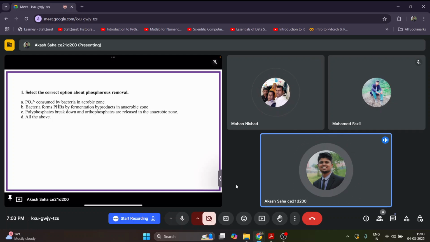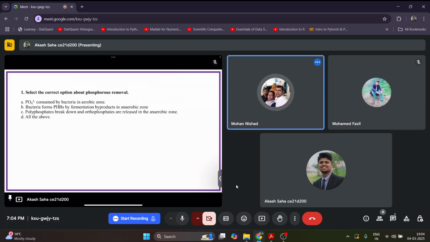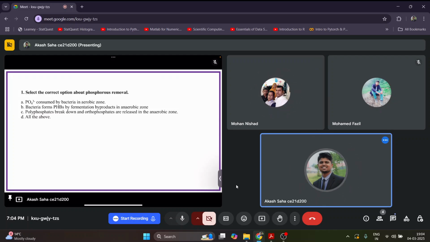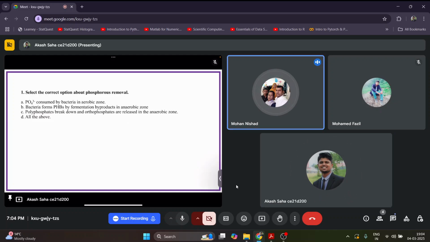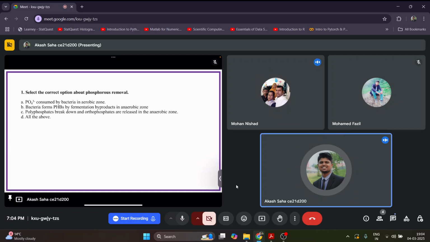Does the first process happen in the anaerobic or aerobic zone? Just think about it. You might remember that first polyhydroxybutyrates or polyhydroxyalkanoates are formed, PHB or PHA. Does this formation happen in the anaerobic zone or the aerobic zone? First formation is in anaerobic. So that means the first zone would be anaerobic.